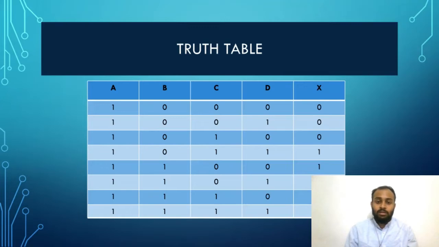And in columns 6, 7, 8, we can see that the assistant manager is present as long as the manager and the teller are present to open the vault. And lastly, we can see that all are present and Y, the vault, is opened. So this is the theory of a truth table to open the vault.